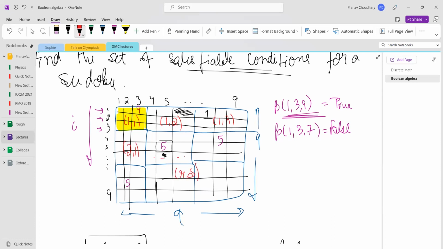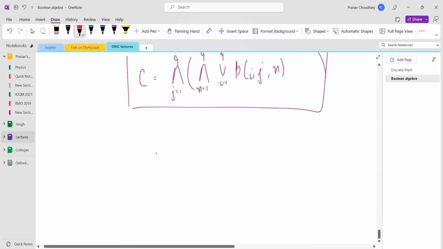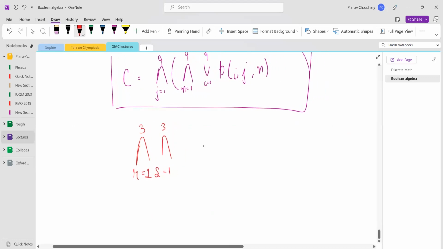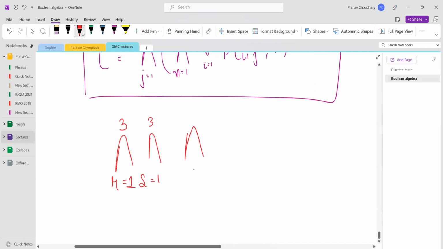We can use R, comma S for denoting the block number. So basically we go over all the blocks from 1 to 3, and in each block we check for all the numbers.